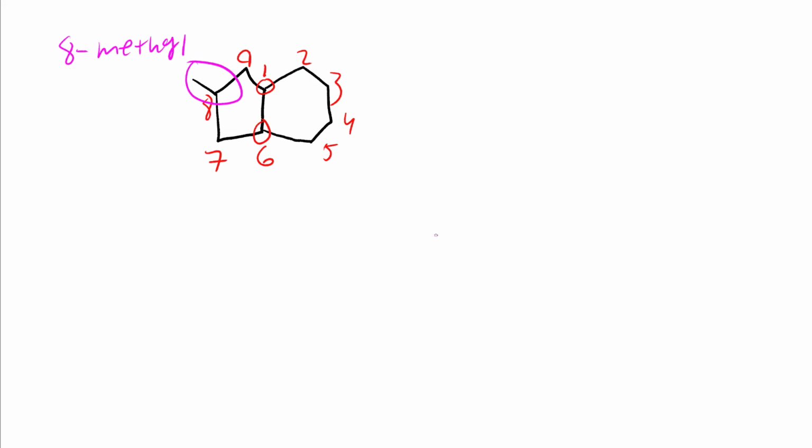So we will say that this is a bicyclo bracket. How many on this side? 1, 2, 3, and 4. What about the other side? 1, 2, 3. That is 3. So we say 4, period, not a comma, period, 3, period.